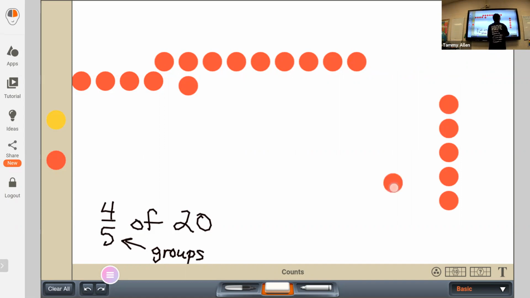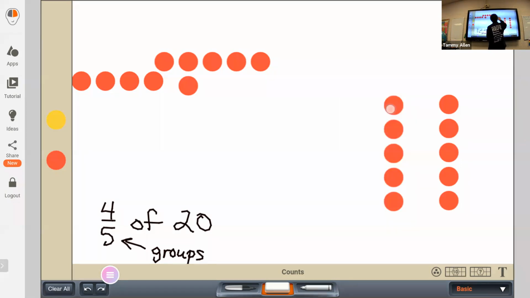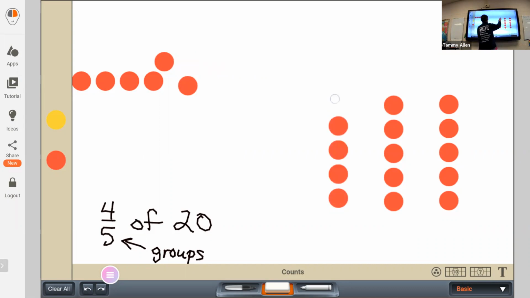Decide how many you need in each one to get them into 5 groups. How many you think you should have, play around with it. You want 5 groups, so you may have to reorganize. You want 5 groups.